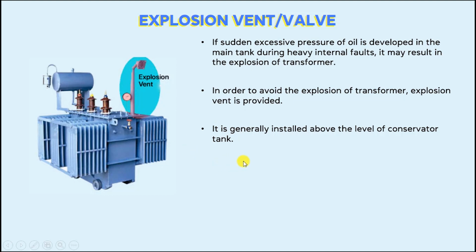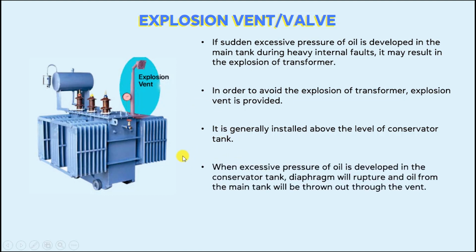The explosion vent works in such a way that whenever excessive pressure of oil is developed in the conservator tank, the diaphragm of the explosion vent will rupture and oil from the main tank will be immediately thrown out through the vent.